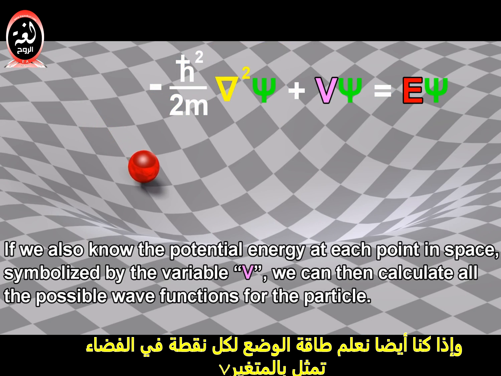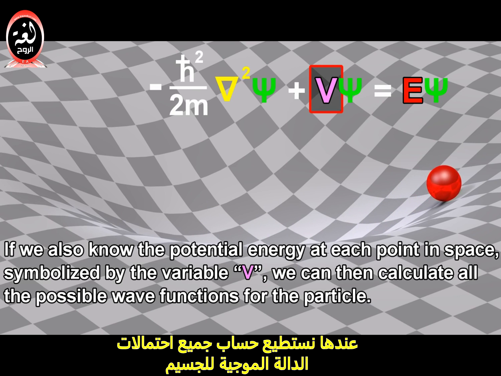If we also show the potential energy at each point in space, symbolized by the variable V, we can then calculate all the possible wave functions for the particle.